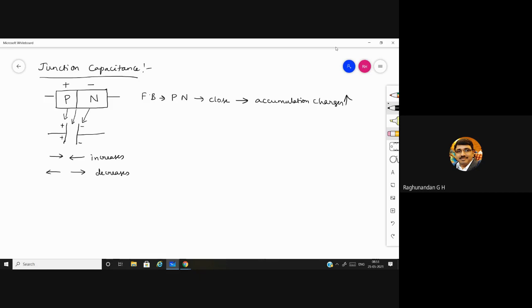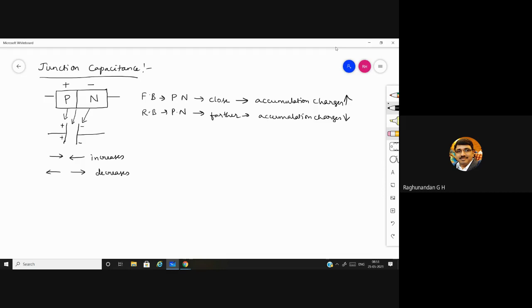In the same way, in the reverse bias condition, the P and N layers are farther, moving away from each other. So the accumulation of charges decreases, and automatically the current through the PN junction decreases.